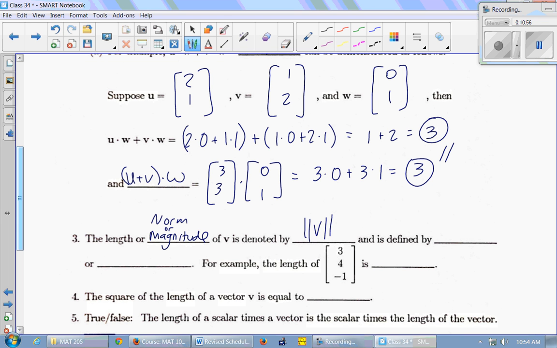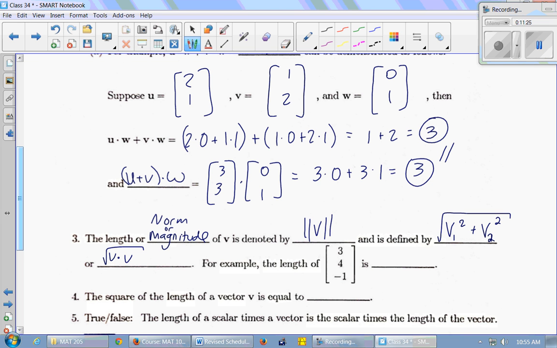And it's defined as what? How do you find the length of a vector? Yeah, so the square root of each component squared added together. And what's under the square root is the definition of v dot v, the vector dotted with itself.